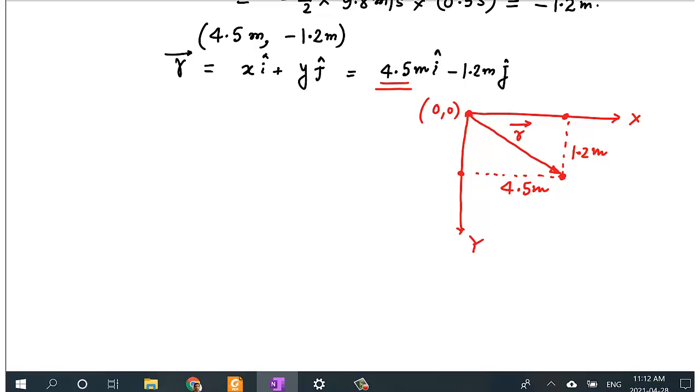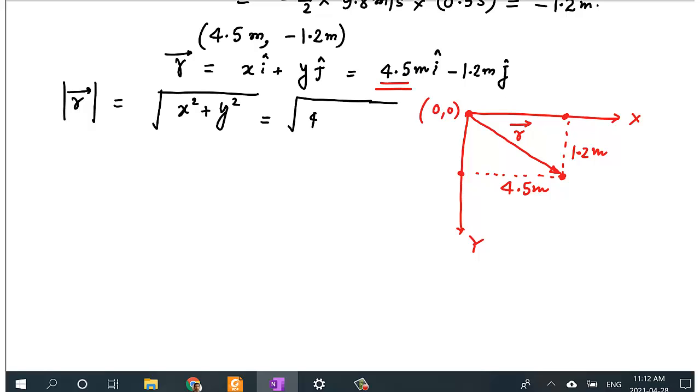You can also calculate the magnitude, that is the distance from the origin to the position, which is nothing but the square root of x coordinate square plus y coordinate square. Now I know the x distance and y distance, so I can calculate this distance: 4.5 whole square plus 1.2, basically a negative, whole square.